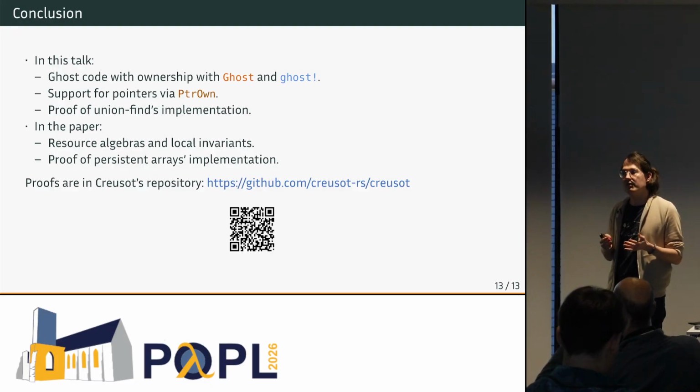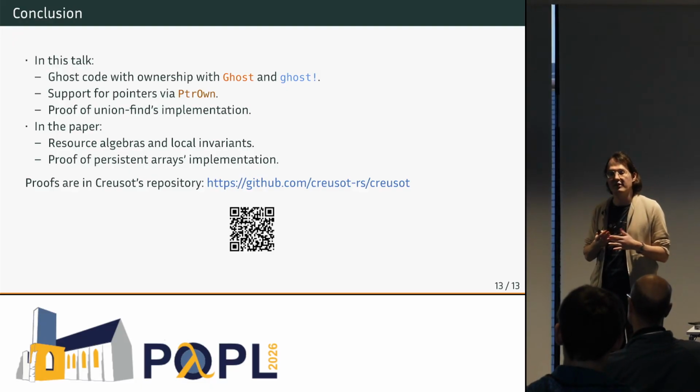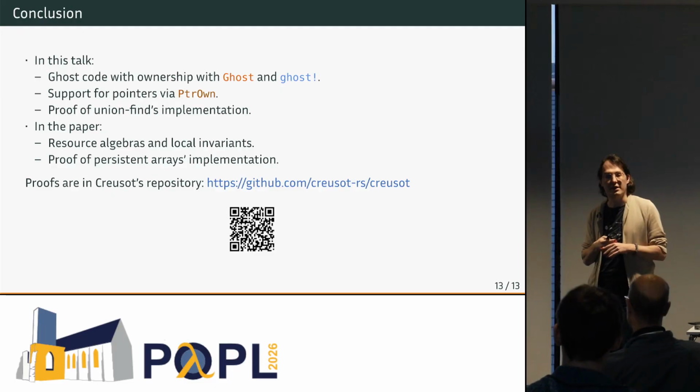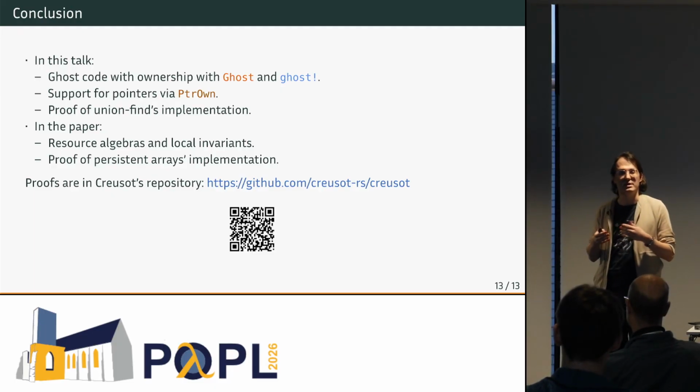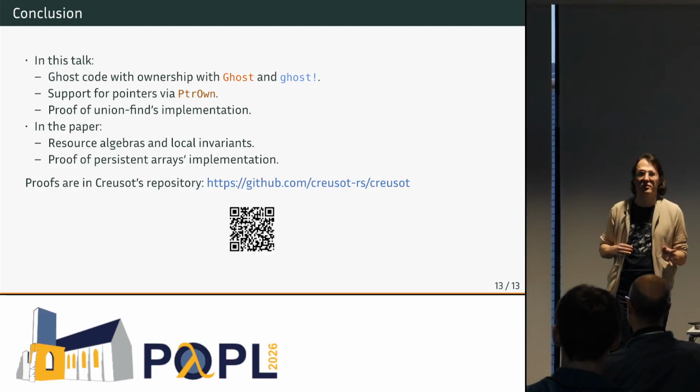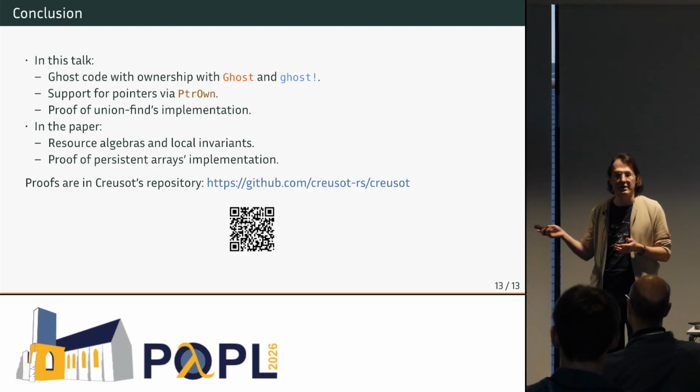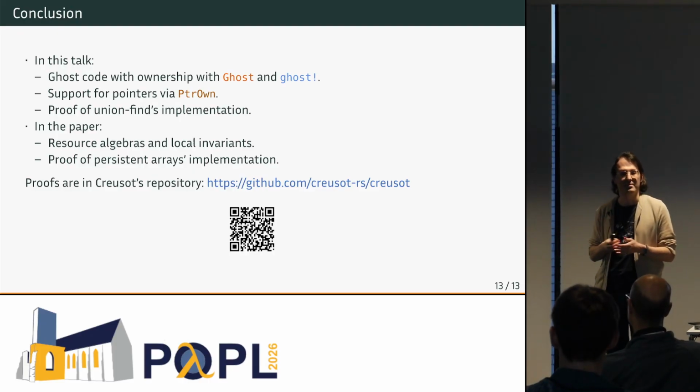In the paper, we also added more mechanisms to Creusot, which are lifted from Iris: resource algebras and local invariants, which allowed us to do a proof of persistent arrays as well. Those two proofs are in Creusot's repository right here.